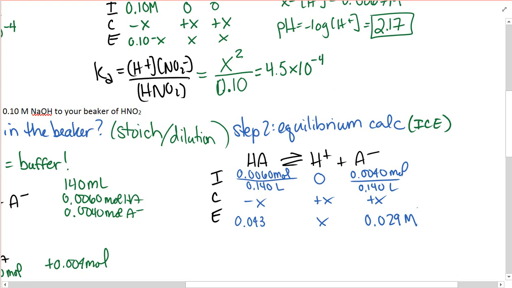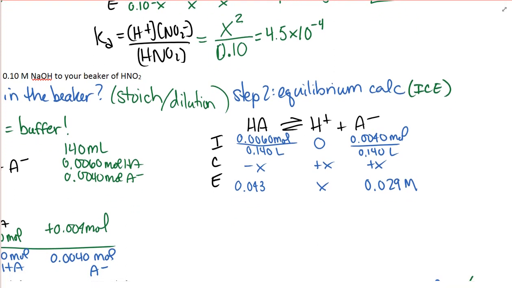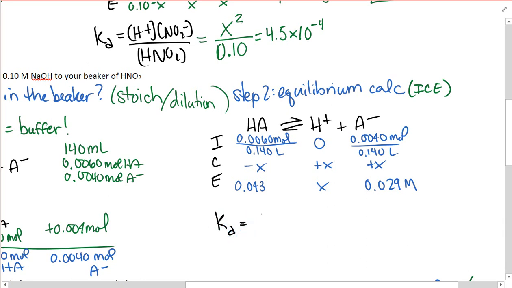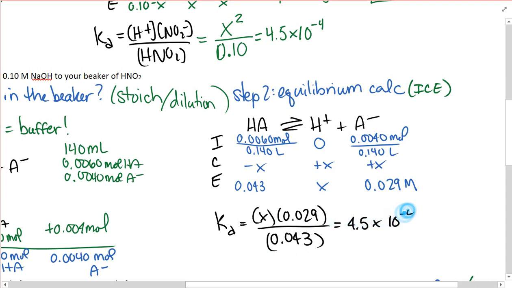All right, and then I'm going to take these values and plug them into the same K expression that I used right up here. So my Ka is going to equal my product, so that's X times 0.029 divided by my reactants, 0.043, and that's going to be equal to my Ka value, which was given earlier.